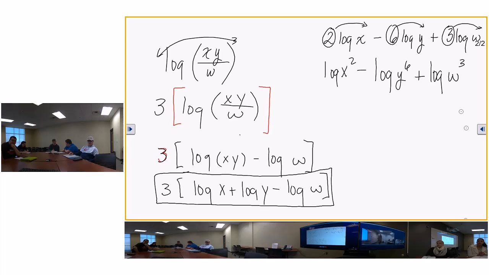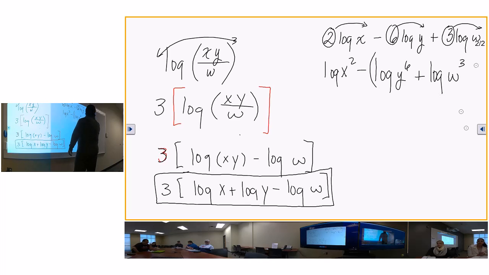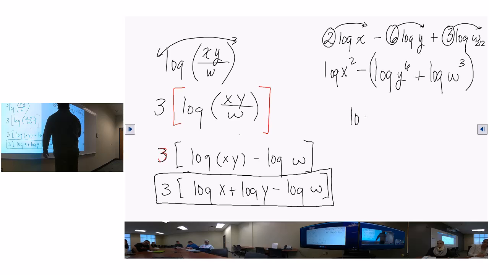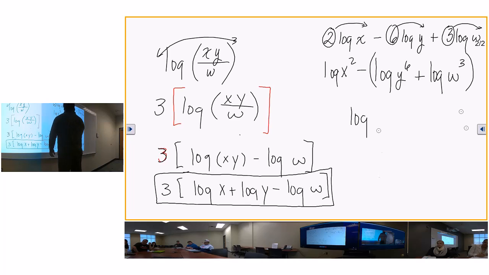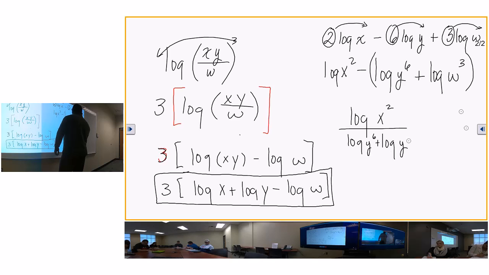Now, since this negative is in front of these, I would suggest that you put a parenthesis around it. Because what do you got to do? You got to distribute that negative, or you can make this the what? The denominator. So I get log of x squared, and I'm going to divide it by log of y to the 6th, plus log of y to the w.